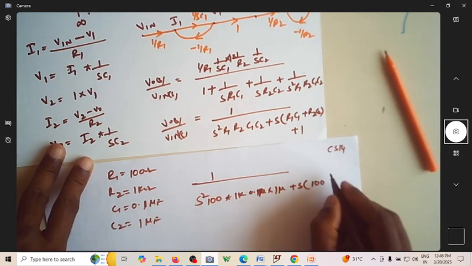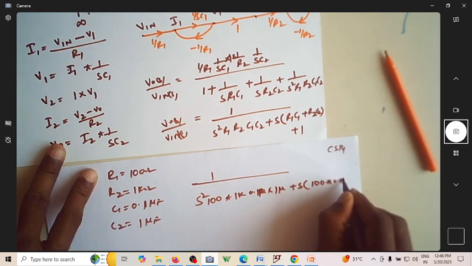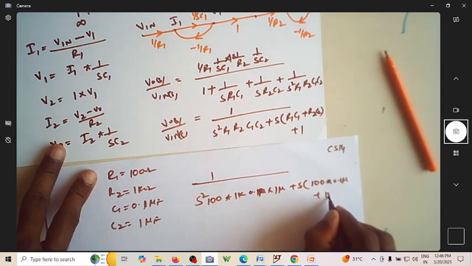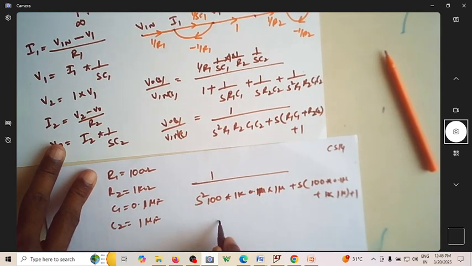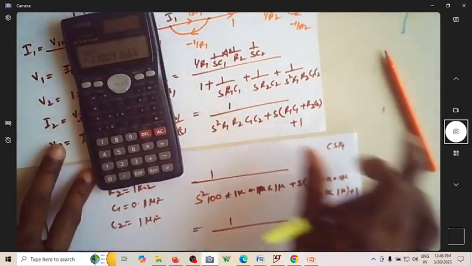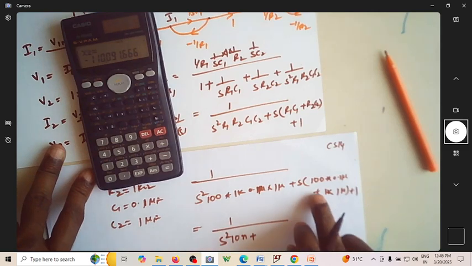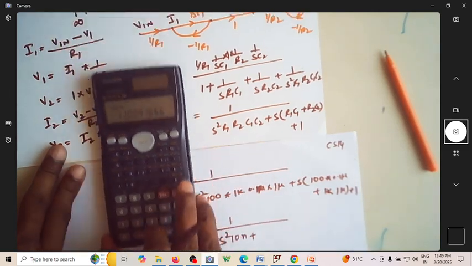It is 100 into 0.1 micro plus 1k into 1 micro, plus 1. So this happens to be 1 over S square, this is 10 nano, plus, anyhow this is 1 milli.